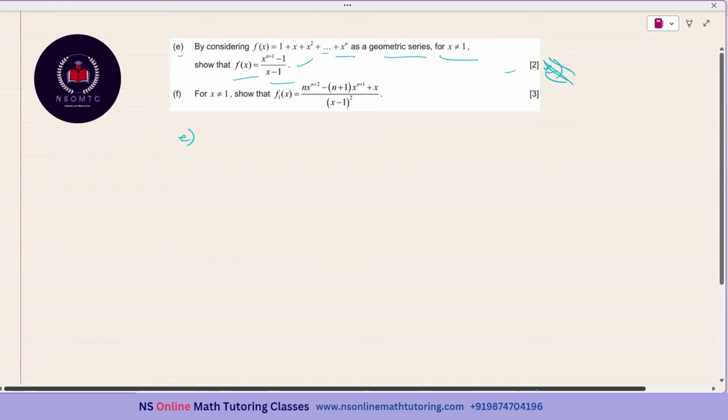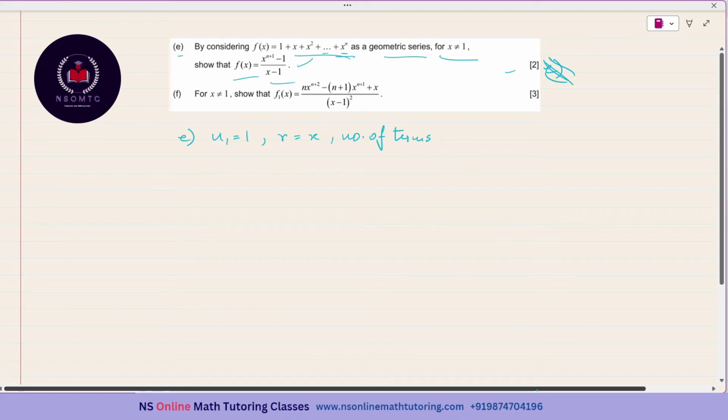Okay. And this is a geometric series. So the first term is equal to 1. The common ratio is equal to x. And the number of terms, what will be the number of terms? See, this is having x to the power of n.